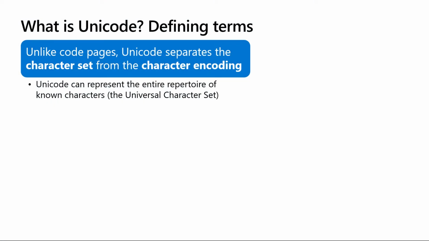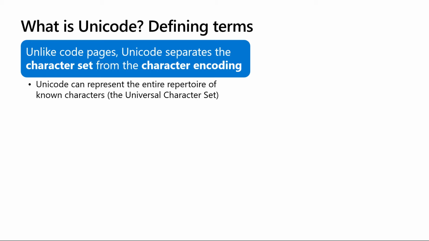Think about Unicode as being something unlike code pages that set both the character set that they're capable of and how to encode the data. Unicode decouples these concepts. Unicode is just the character set that can be represented for any given language, and the character encoding is a different concept. We'll talk about that concept in a few minutes.